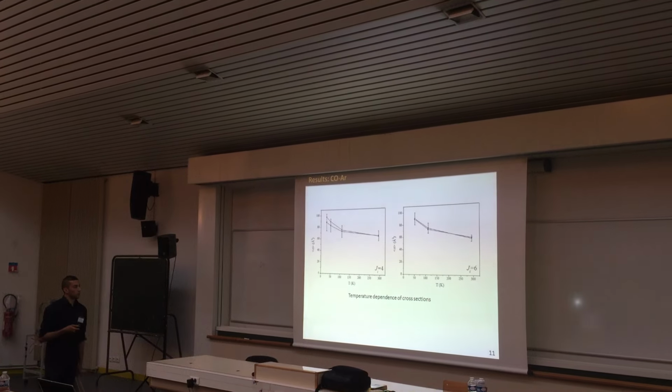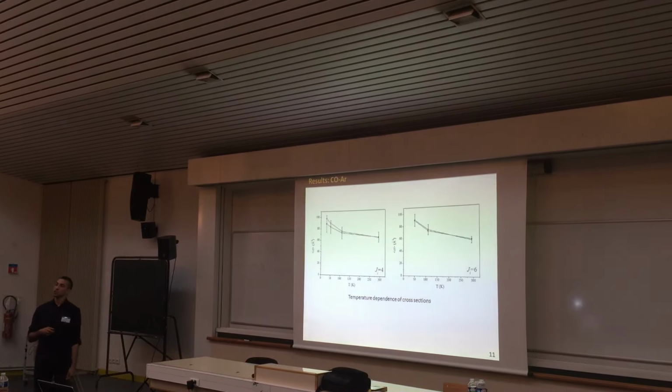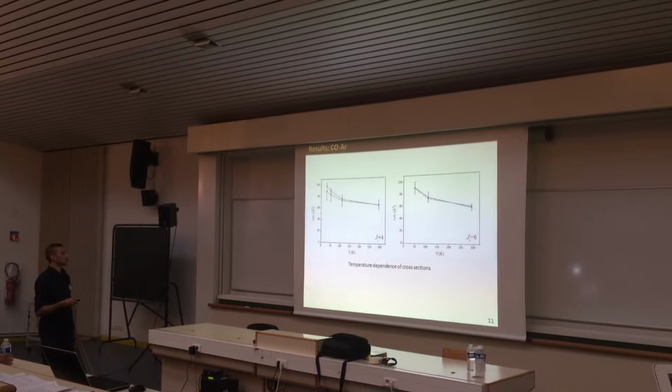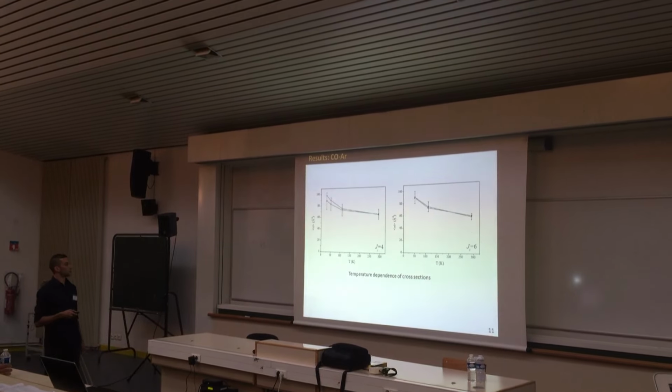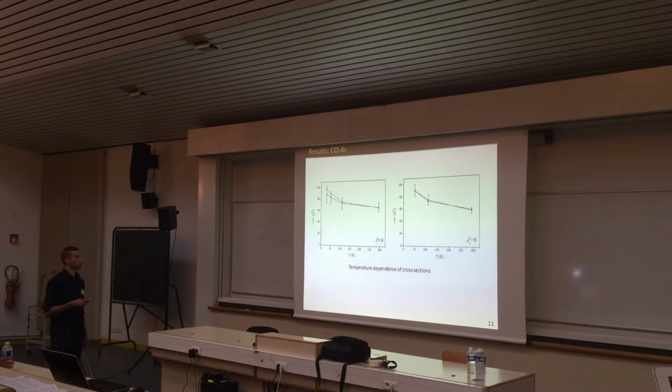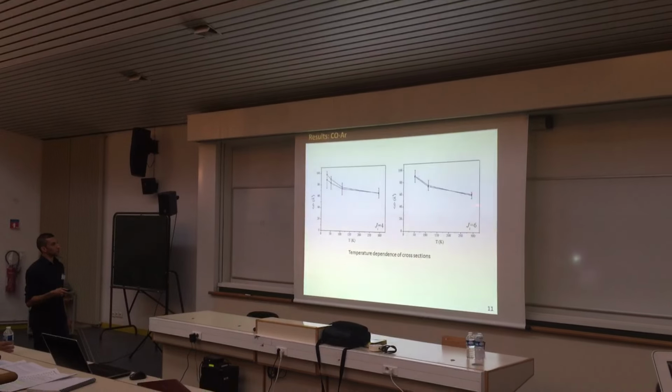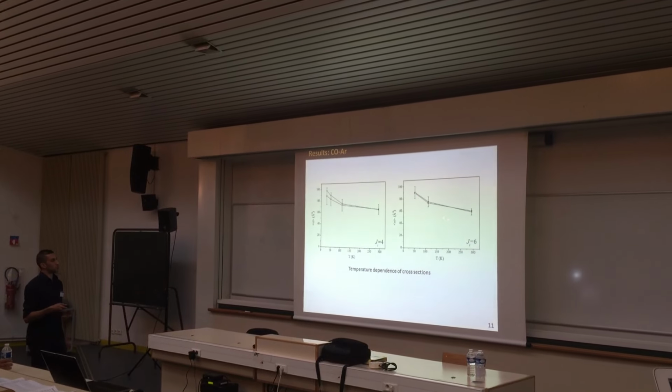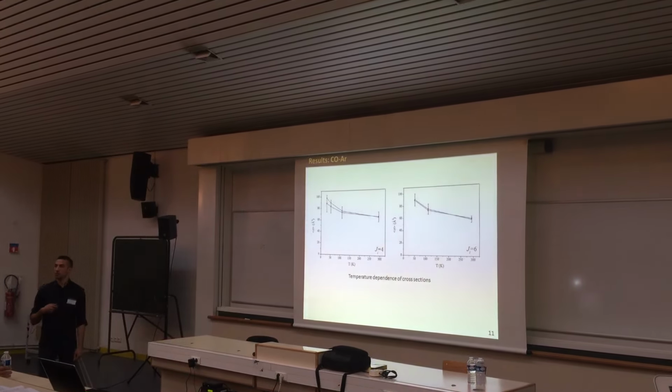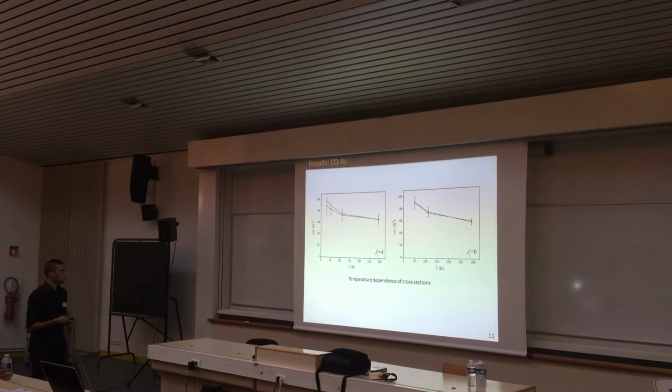Concerning the temperature dependence of the cross-section, let's take the examples of J equals 6 and 4. We noticed an increase of cross-section with decreasing temperature.